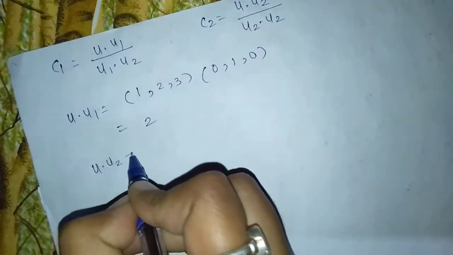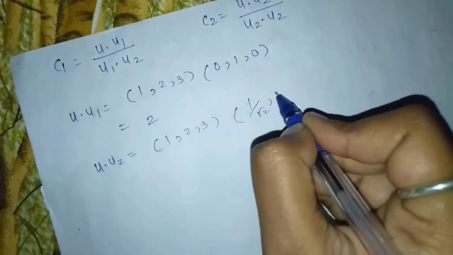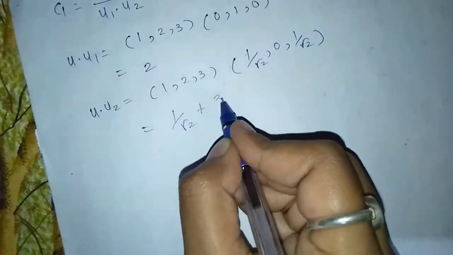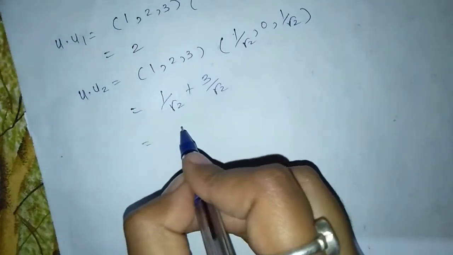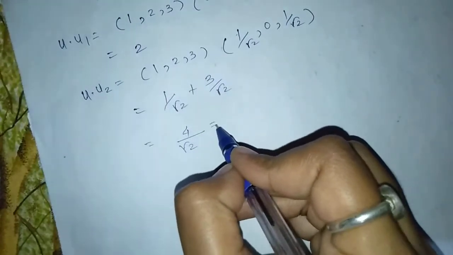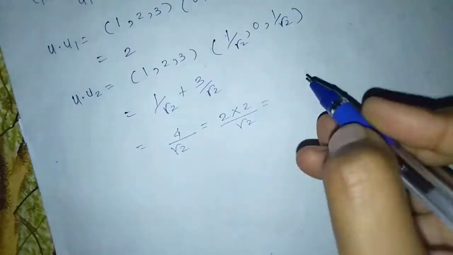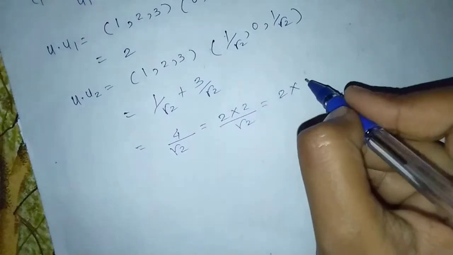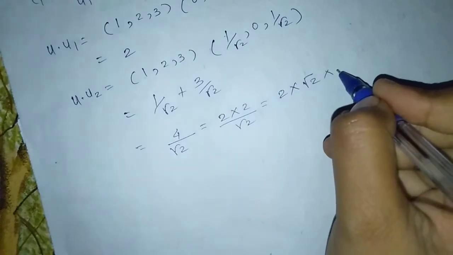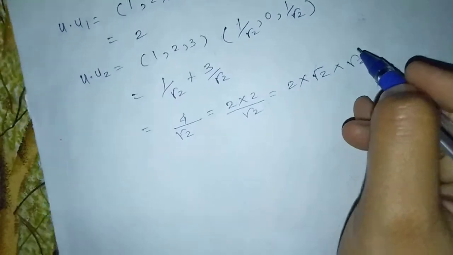u dot u2 is (1, 2, 3) dot (1 upon root 2, 0, 1 upon root 2), equal to 1 upon root 2 plus 3 upon root 2, equal to 4 upon root 2. So 4 can be written as 2 into 2 upon root 2, and 2 can be written as root 2 into root 2.